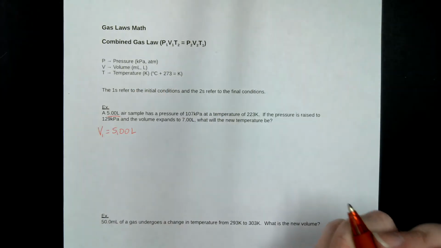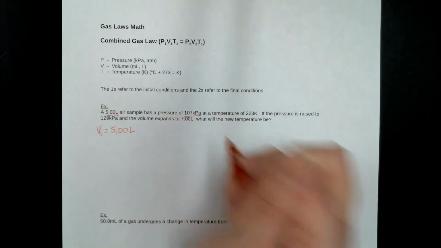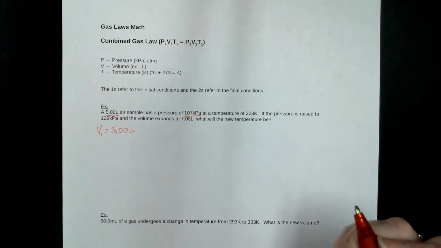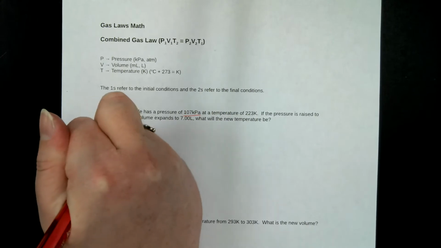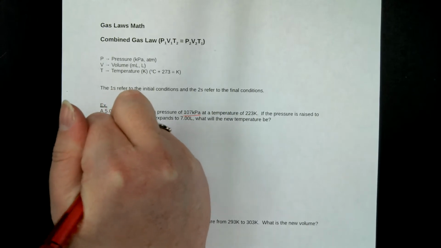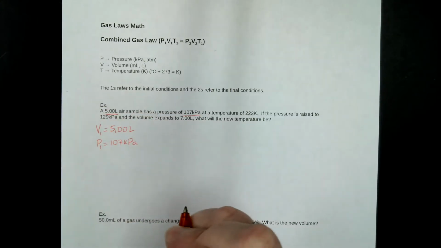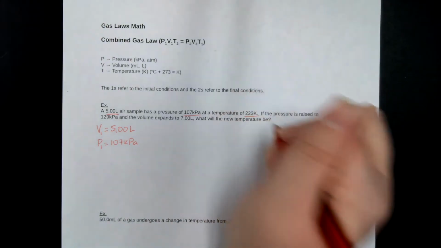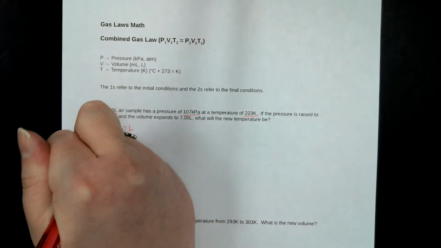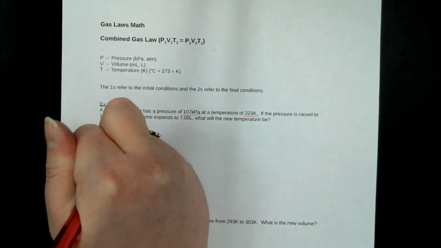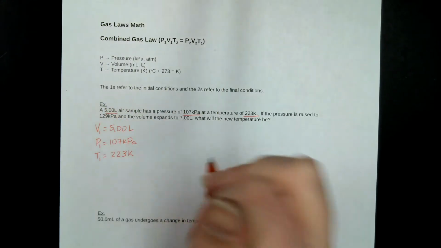5.00 liters. Our next given is a pressure, specifically P1 or pressure 1, 107 kPa. Next, we have a temperature, or T1, our initial temperature, 223 Kelvin.